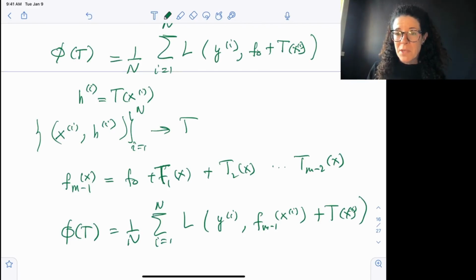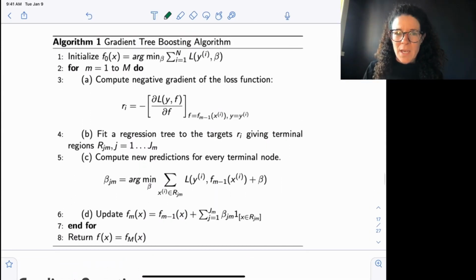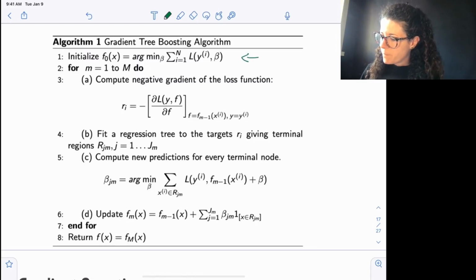So let me show you the algorithm in general, okay? After we have gone through the derivation, let me show you the algorithm here. As we talked about before, the first thing we do is find the best constants that optimize the loss function, okay? So that is that step in here.